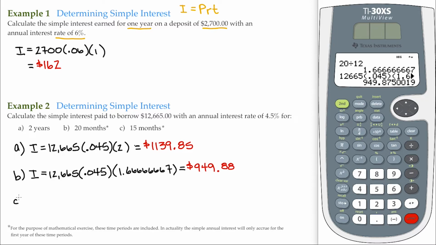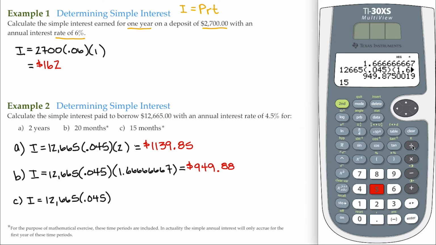And finally, for letter C here, again, the interest, that's $12,665 times the rate, that's 4.5%. But now we have 15 months, so I have to be able to express that as a year. So we'll take 15, divide that by 12 months out of a year, and that's 1.25. So 1.25 of a year is 15 months.